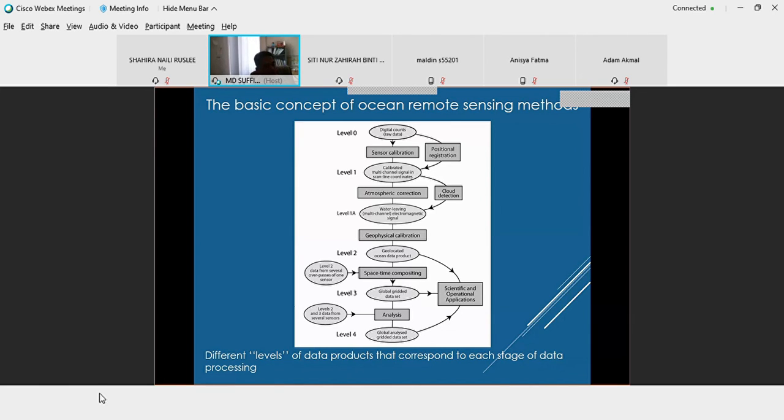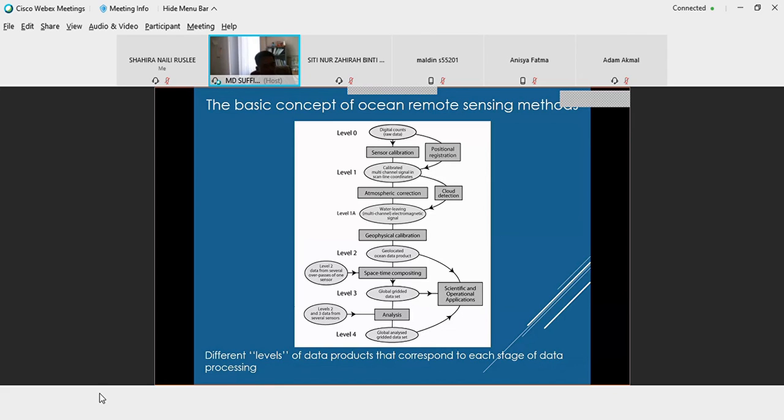Dan biasanya resolution dia lebih besar lah, ataupun lebih kecil lah. Sebagai contoh, untuk MODIS resolution adalah 1 km, tapi bila sampai ke level 3 biasanya dia akan convert ke low resolution, to 4 km or 9 km.